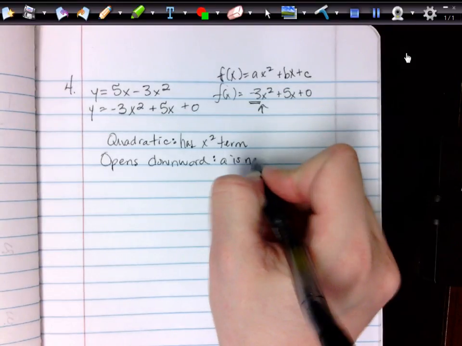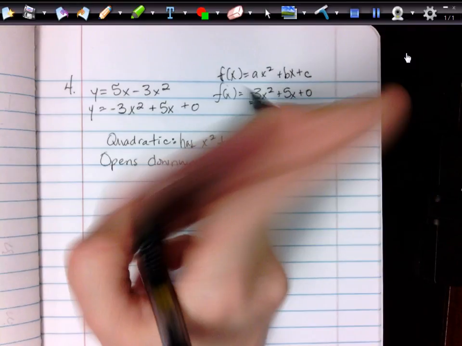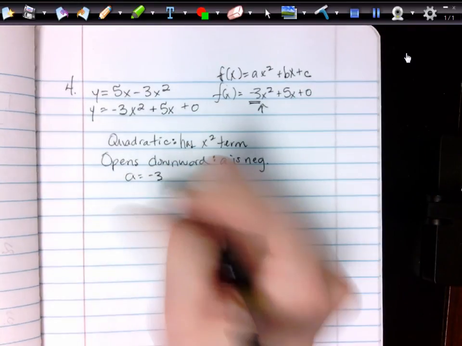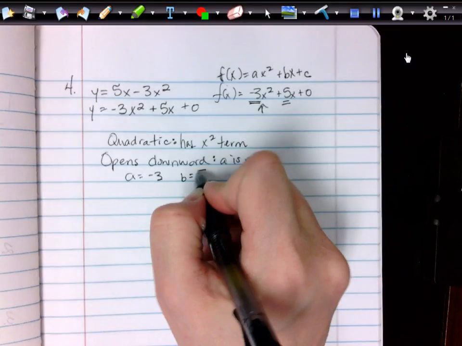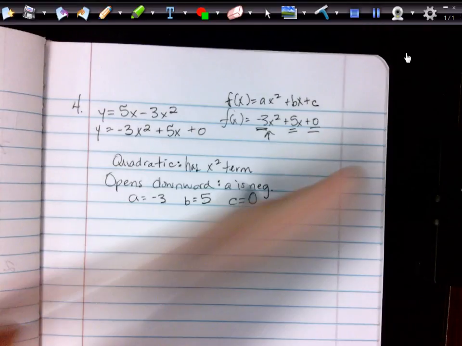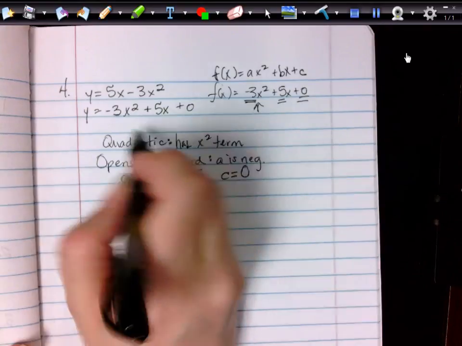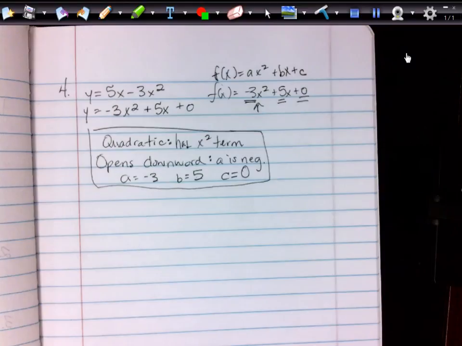A is negative. My a is going to be negative 3. My b is going to be 5, and my c is going to be 0. All of this in the box is my answer. Make sure that you have all of that down before you move on.